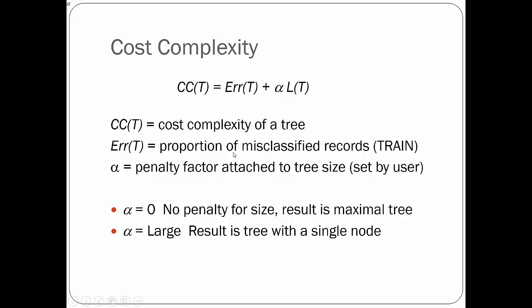As the size increases, if you set alpha equal to 0, then the size doesn't matter. The only thing that matters is the classification error. And if you set alpha like 100, then every time you increase the size, you're adding 100 to the error, or whatever the alpha value. Alpha value can be more than 1. So if you have a value of 2, then it's going to keep adding that level of penalty to your error.